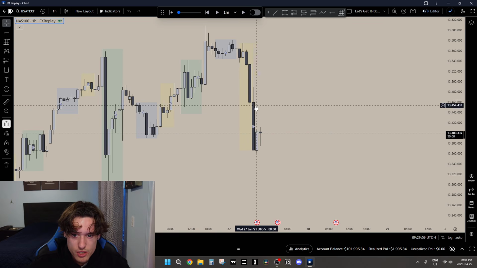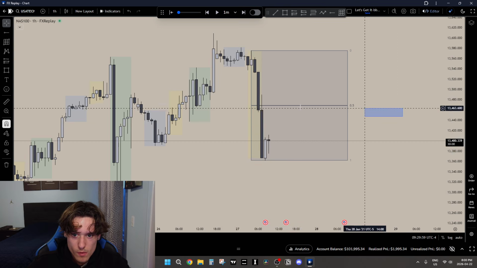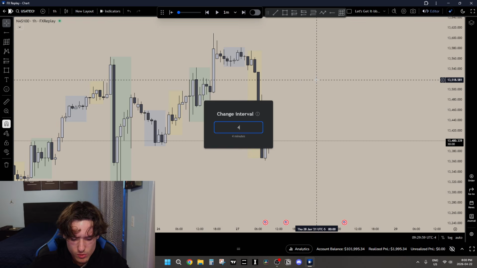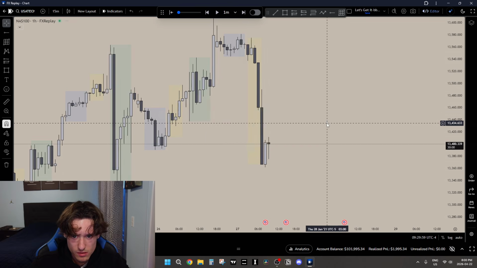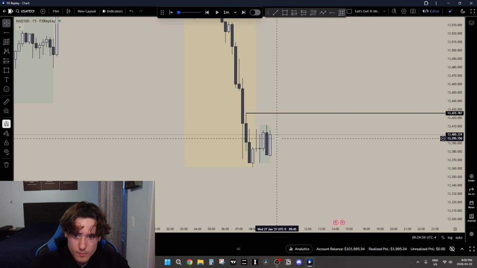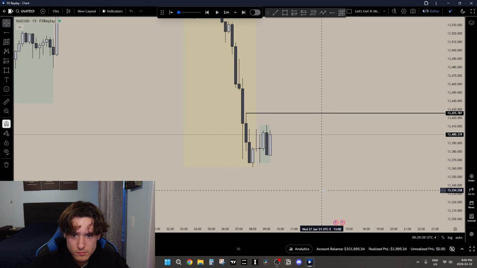Hourly bearish getting respected, pushing lower. We have midpoint right here, so there's a possibility we can have a little push higher. This is a little tricky, honestly.